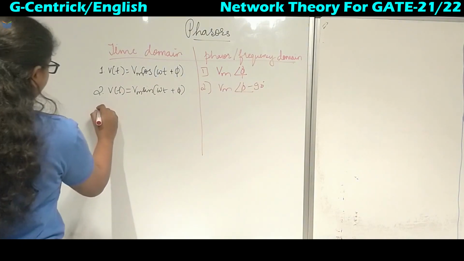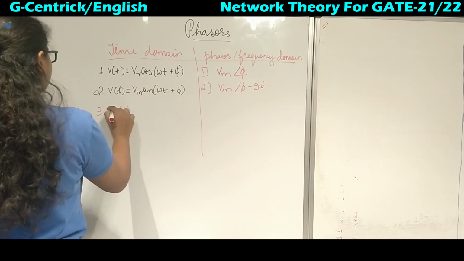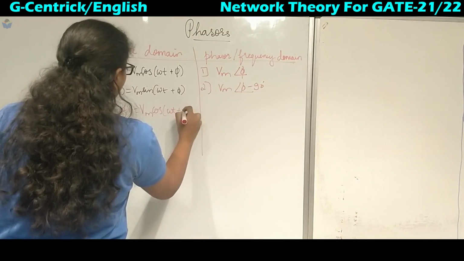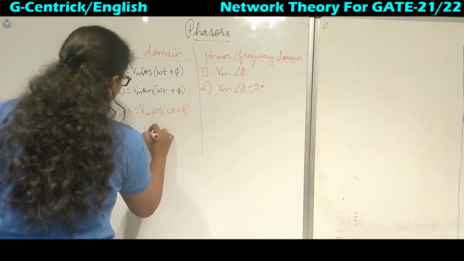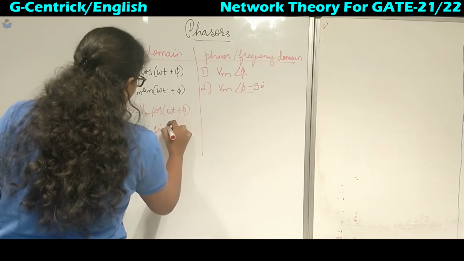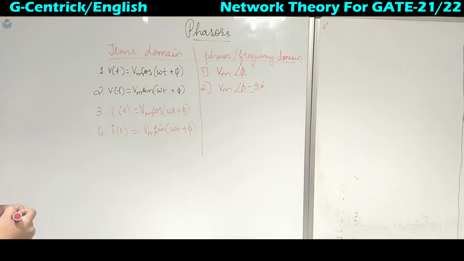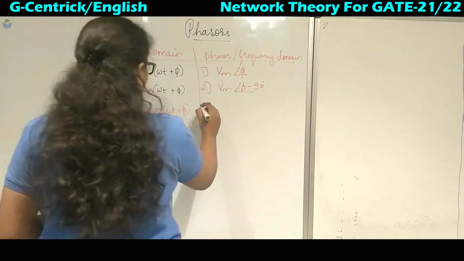This is for voltage. If it is current, it will have the same formula, but only the representation changes. So we have Vm cos(omega t plus phi) and sin(omega t plus phi). How do we represent this in the phasor form, or phasor domain, or frequency domain?